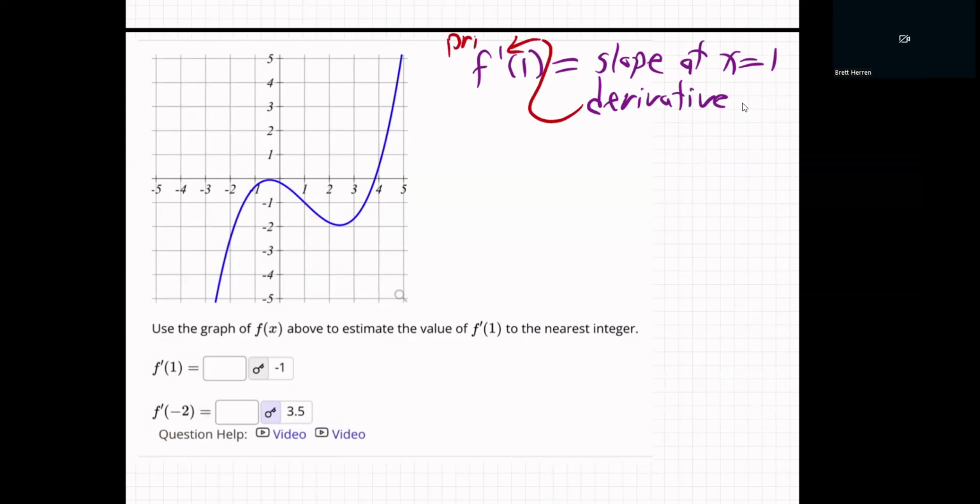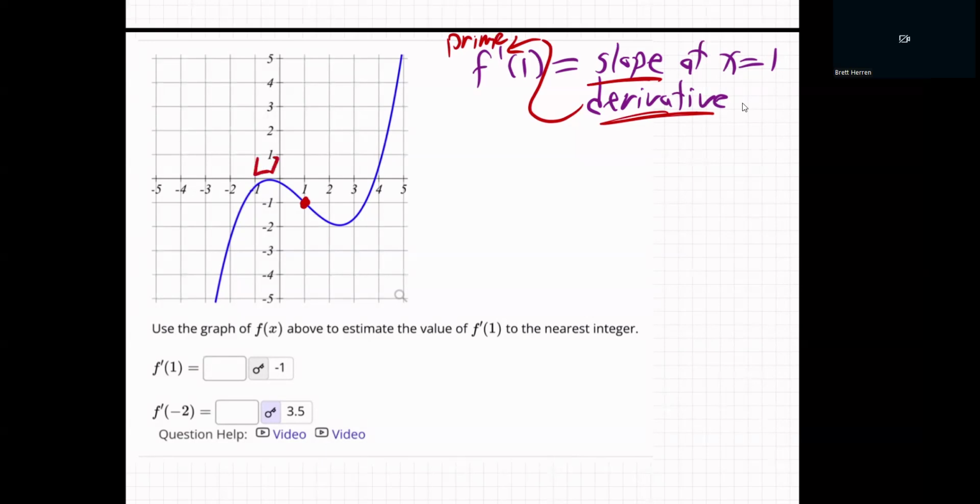That's a prime. And so that means f prime, that little mark's a prime, and it is derivative. It's shortcut for derivative, and it also means slope at x equals 1. So at x equals 1, which would be right there, we're wondering what is the slope of the graph right there? How steep is it?